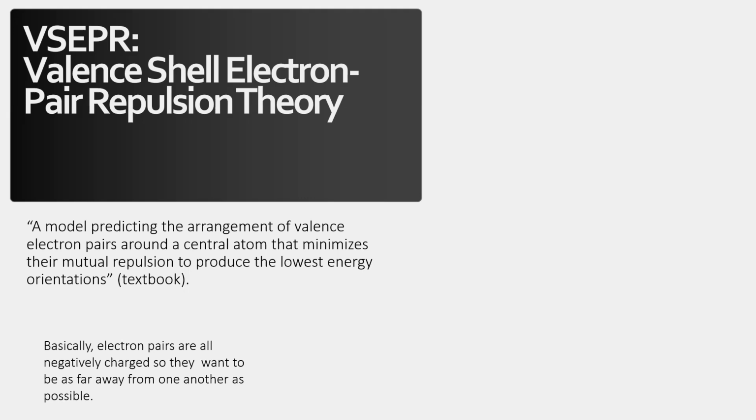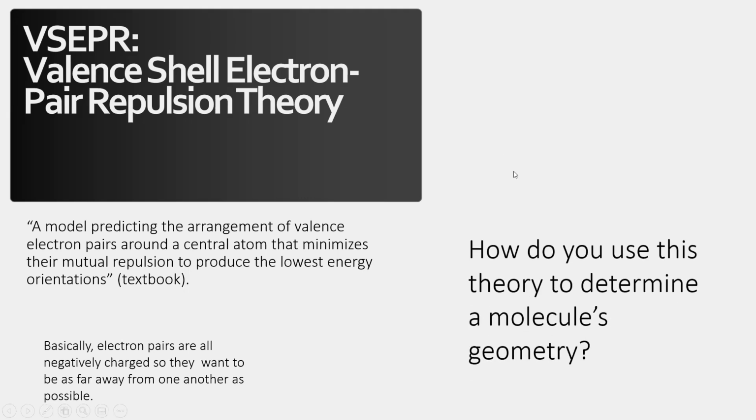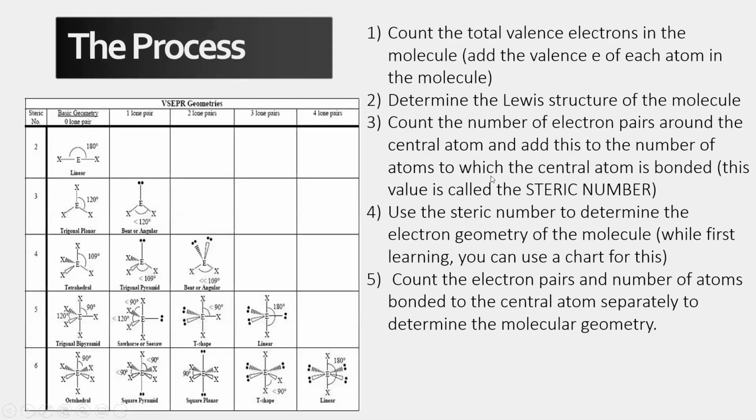That's a common thing to find in the study of chemistry, that little energy is favored over large amounts of energy. And so keeping these electron pairs spread out helps with that. So how do we use this theory, VSEPR, to determine a molecule's geometry?